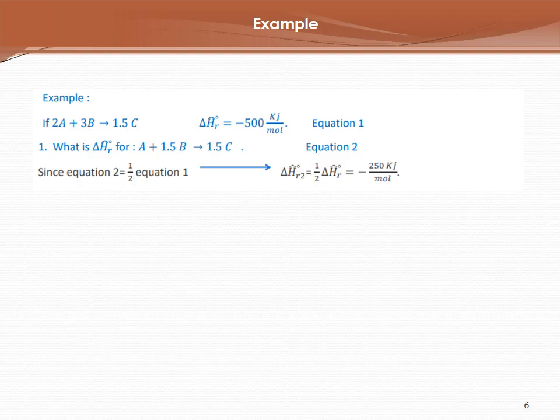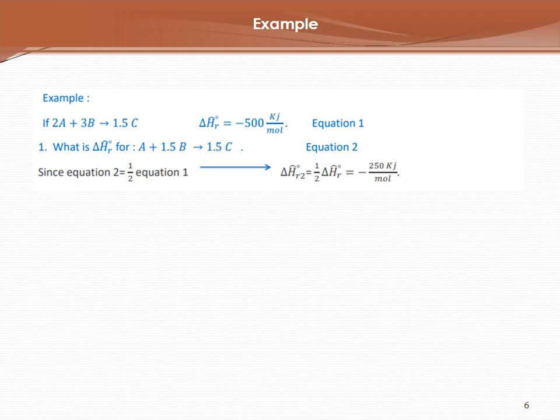This equation is: 1 mole of A reacting with 1.5 moles of B and gives you 1.5 moles of C. Now as per Hess's law, if you can arrive at this equation from the first equation by doing any linear algebraic calculation, then you can perform the same linear algebraic calculation on the standard heat of reaction.